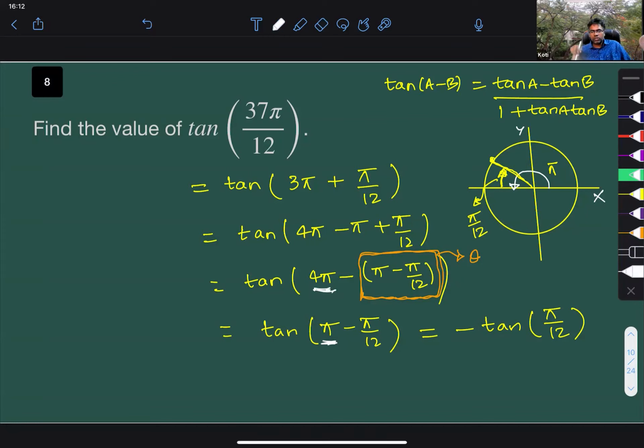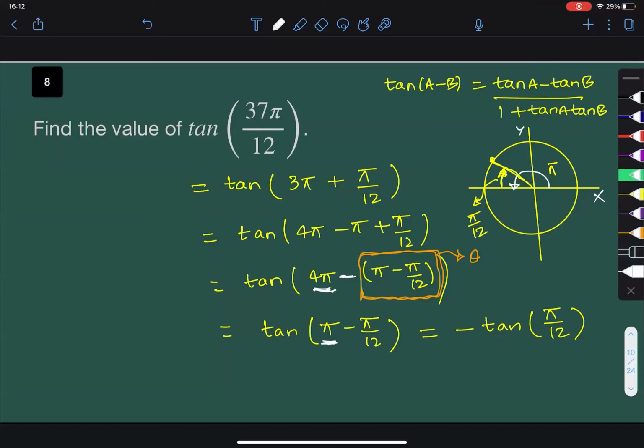You're coming back to the same reference line. But after that, because of this minus sign, I'm actually moving in the clockwise direction. Are you getting it?